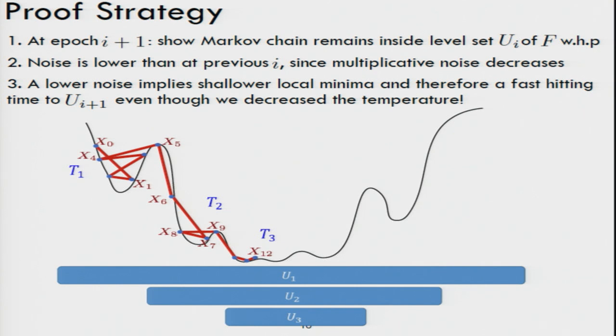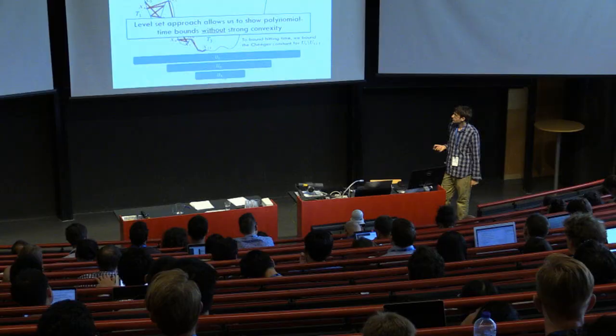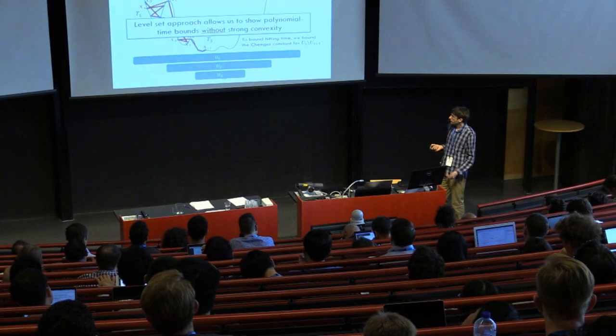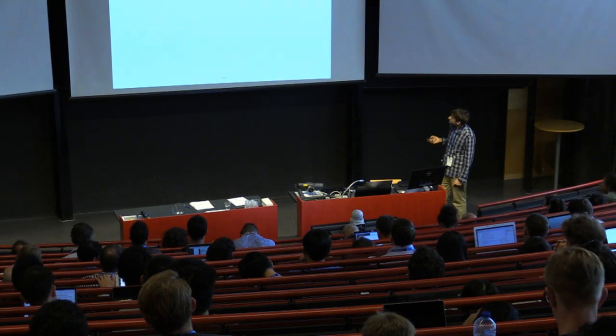This allows the Markov chain to quickly hit the next level set, even though you've decreased the temperature, since the noise level goes down as you approach the global minimizer. And to bound the hitting time, we use the Cheeger constant for these level sets. In particular, this level set approach is what allows us to show polynomial running time bounds without assuming strong convexity on the function.